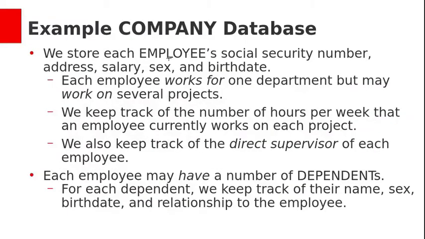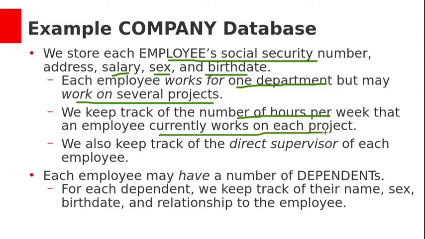And for each employee, we store the social security number, address, salary, gender, and birth date. Each employee works for one department but may work on several projects. We keep track of the number of hours per week that an employee currently works on each project.